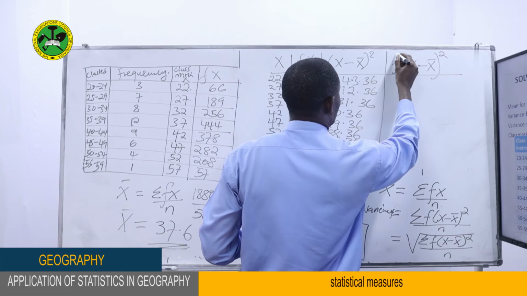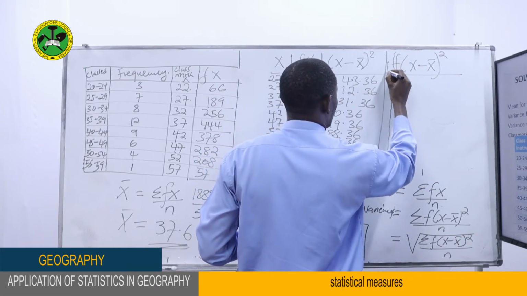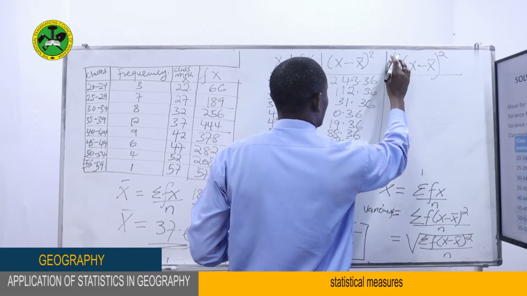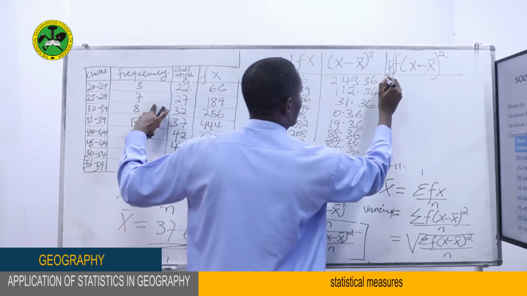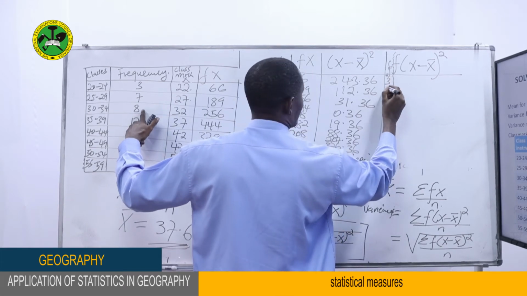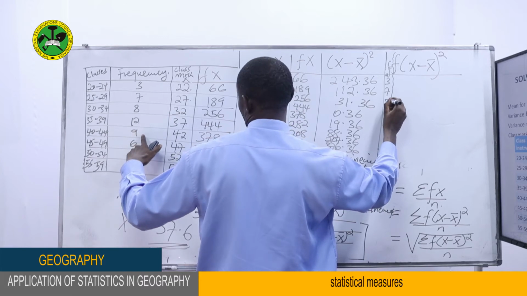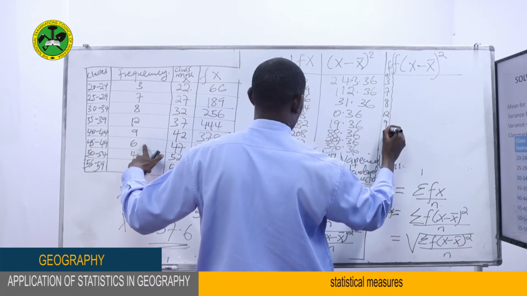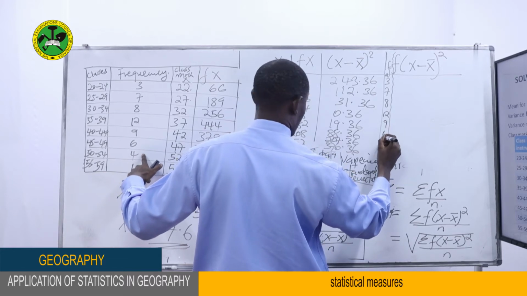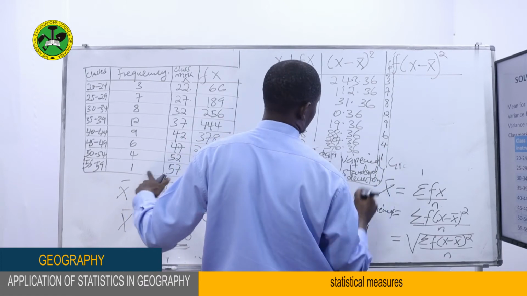So this one times the frequency. You remember the frequency that we had over there. So we should have another column for the frequency. For the first one we had 3, then we had 7, then 8, then 12, then 9, and 6, 4, and lastly 1.